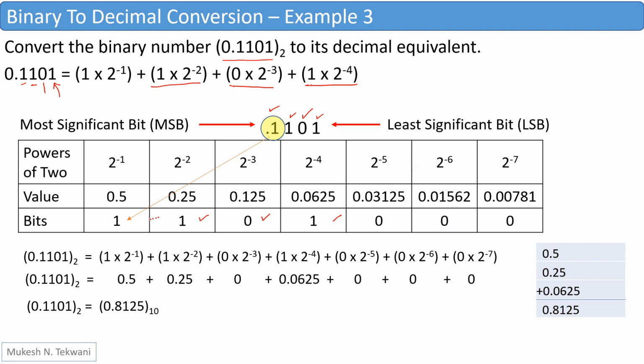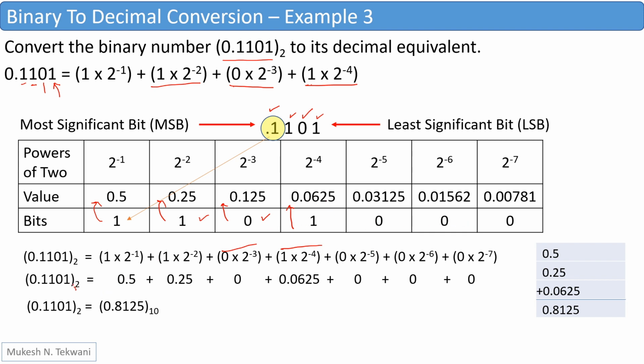And therefore our given number 0.1101 can be written as 1 into 2 raised to minus 1 plus 1 into 2 raised to minus 2 plus 0 into 2 raised to minus 3 plus 1 into 2 raised to minus 4, etc.